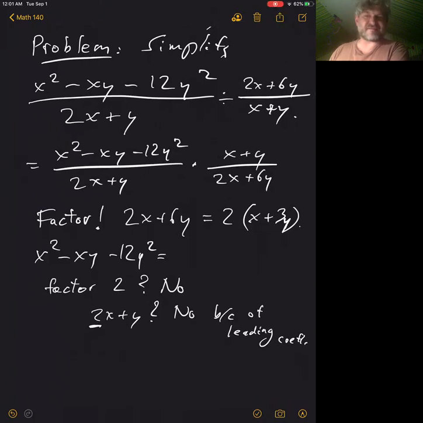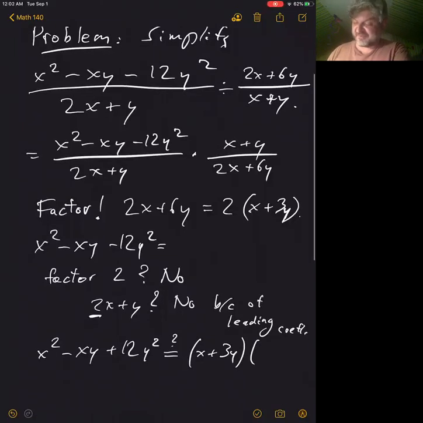And you might guess Psychology 101 tells you that's going to be a factor. Okay, so to really check that out, I put a question mark over that equal sign, but we write x plus 3y, and then we just go from there and try to fill in the rest.